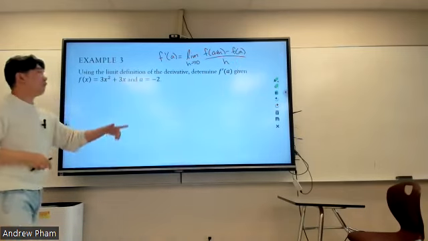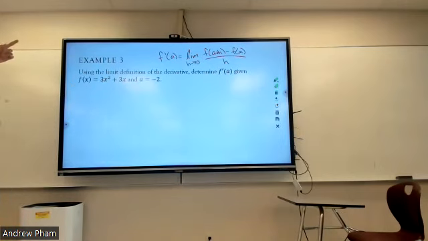So if I want f prime of a, I have to figure out what that limit is equal to. The actual calculus portion is not going to be too heavy, but the algebra portion is going to be on the heavier side, because we're going to be doing some algebraic manipulations here and there.